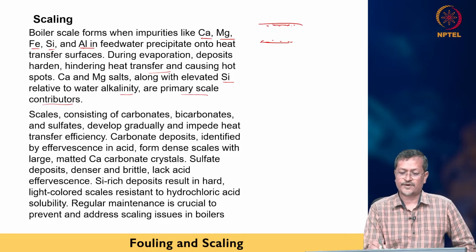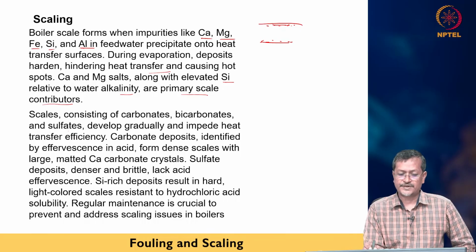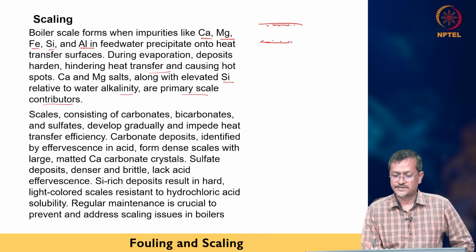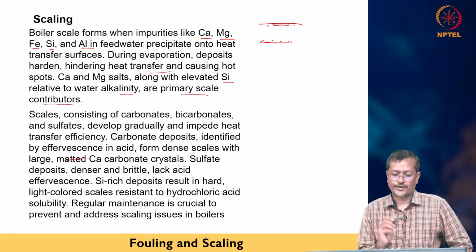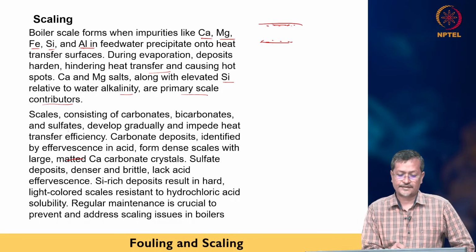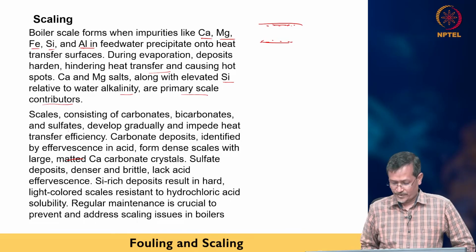The scale consists of carbonates, bicarbonates and sulfates, develops gradually and impedes heat transfer efficiency. Carbonate deposits, identified by effervescence in acid, form dense scale. Silicon deposits result in hard, light colored scale resistant to hydrochloric acid solubility. Regular maintenance is crucial to avoid all these issues.